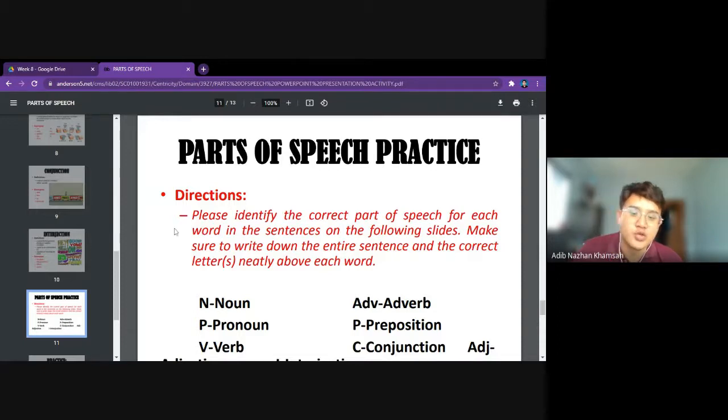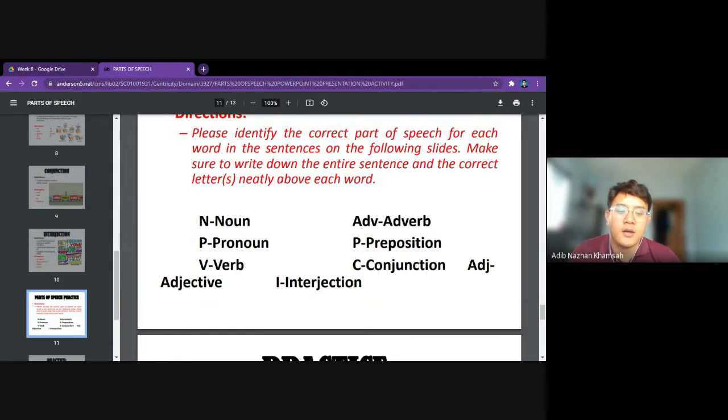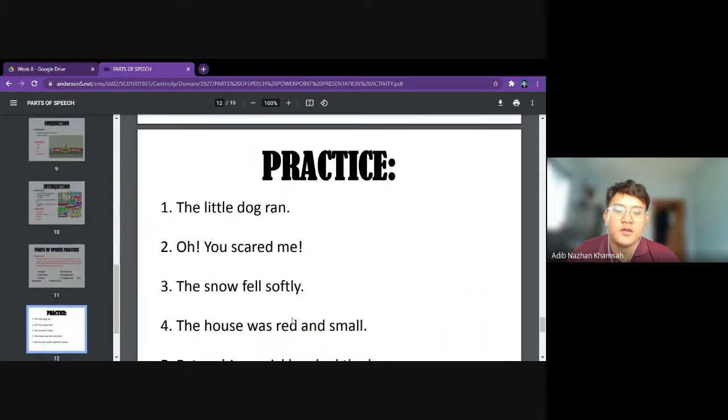Make sure to write down the entire sentence and the correct letters neatly above each word. Okay, digunakan symbol, just the first letter of the part of speech. N for noun, P for pronoun, V for verb, adv for adverb, P for preposition, C for conjunction, adj is adjective, I is interjection.